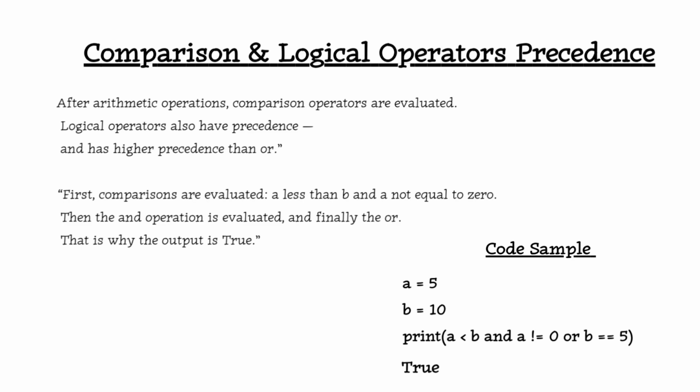Then it goes to the AND operation, which is evaluated afterwards. Finally it goes to the OR operator. When all the operations go in this sequence, the result comes out as True. This is how comparison and logical operator precedence work in Python step by step.